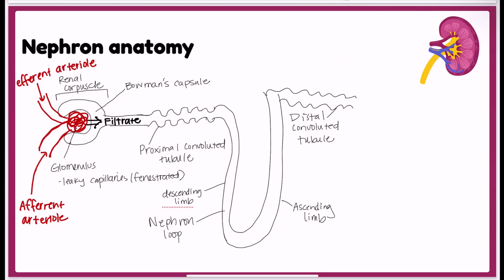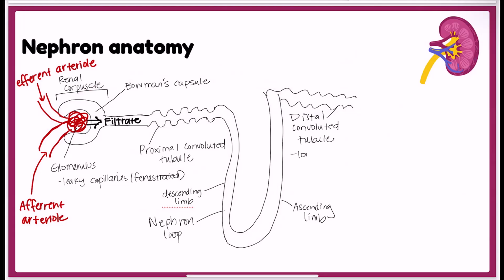In real life, the nephron isn't spread out like this. In real life, this portion, like the first portion of the distal convoluted tubule, or like the last part of the ascending limb of the nephron loop, it actually loops back to travel right in this space here. So in real life, we're trying to draw a 3D thing in 2D, so that makes it kind of hard. But in real life, this little portion circles back and goes there.